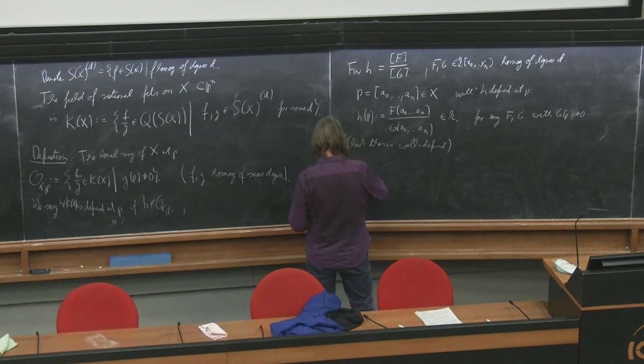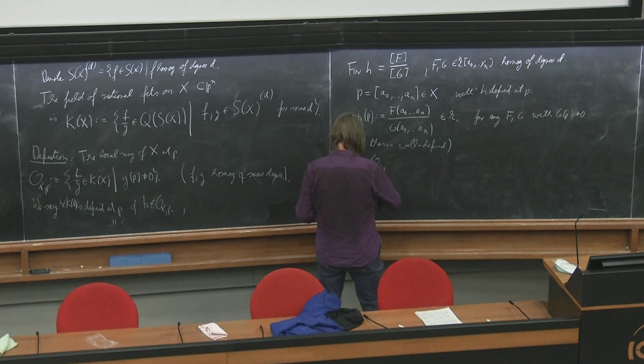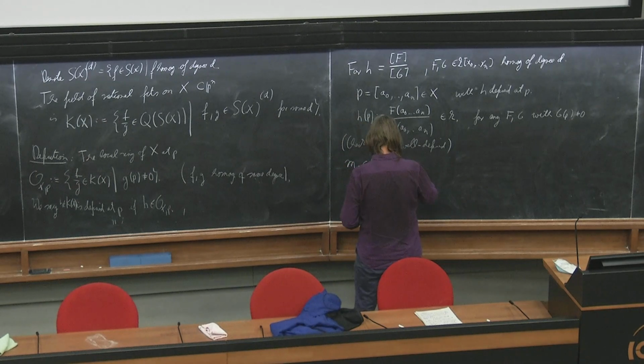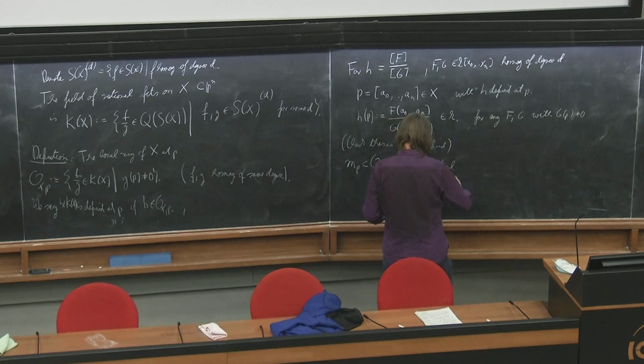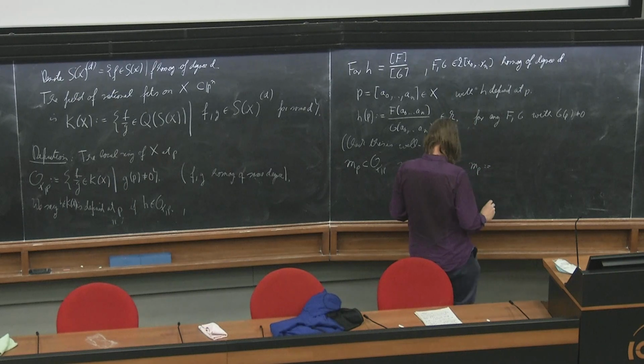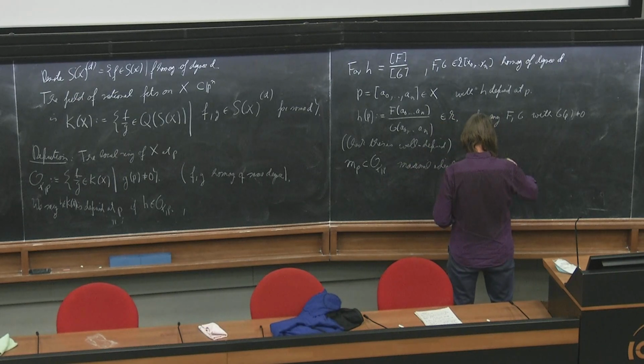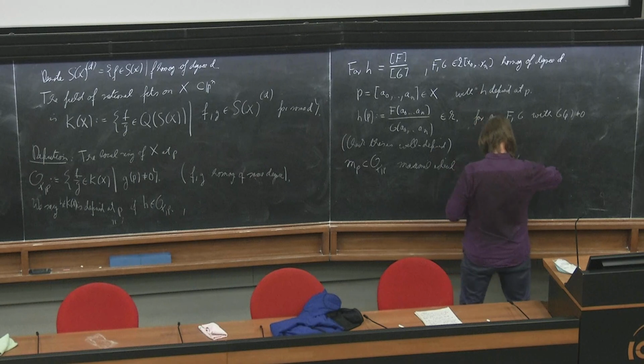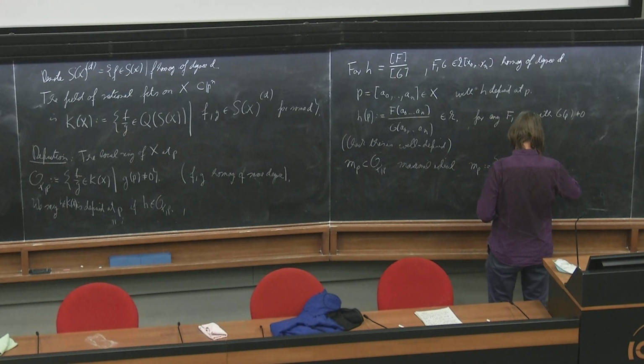So we also call m_P in O_{X,P} again the maximal ideal, where m_P is defined analogously to before. This is the set of all H in O_{X,P} such that H(P) is equal to 0.